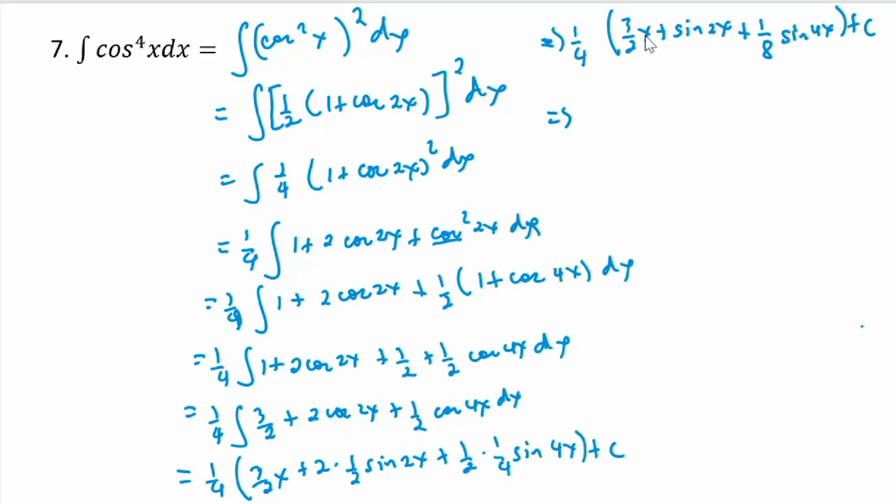And then we multiply 1/4 to each term. So therefore 1/4 times 3 halves becomes now 3 over 8 of x plus 1/4 of sine 2x plus 1/4 times 1/8, we have now 1 over 32 of sine 4x plus a constant. So therefore, that is now the answer for the integral of cosine to the power of 4 of x dx.